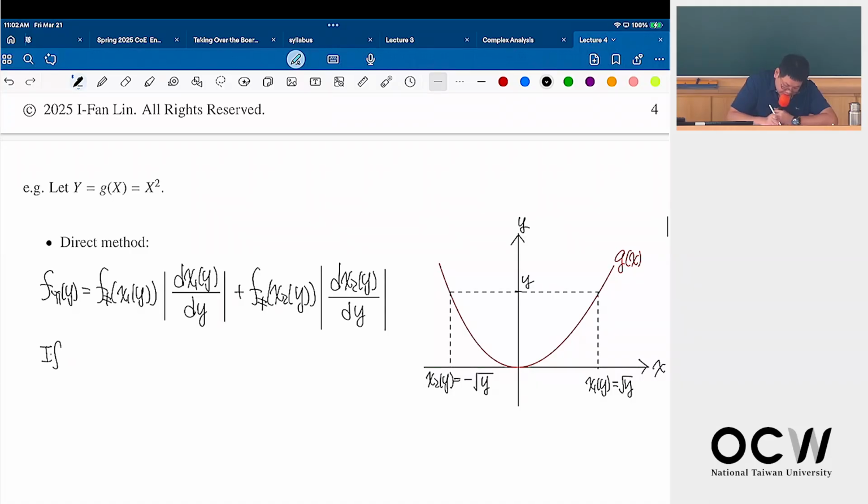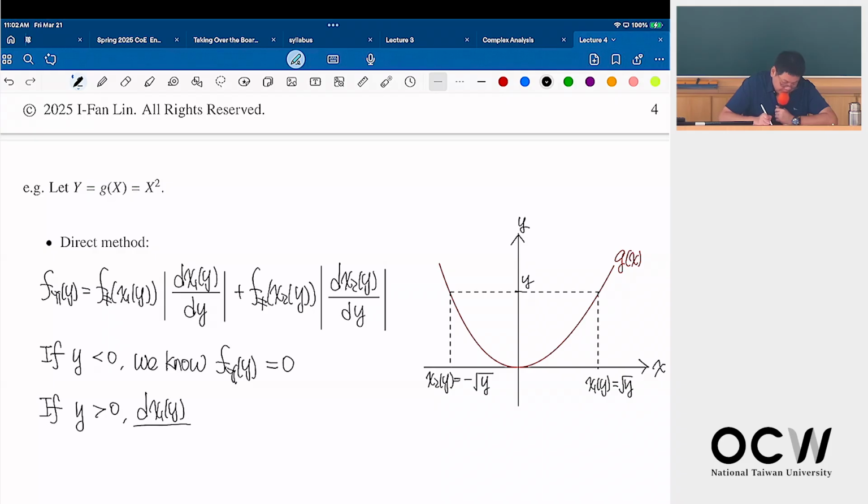If y is less than 0, we know the PDF is 0. If y is greater than 0, then dx1 of y over dy, we don't need the chain rule, we get 1 over 2 times square root of y.